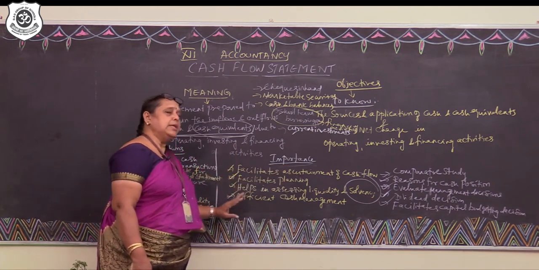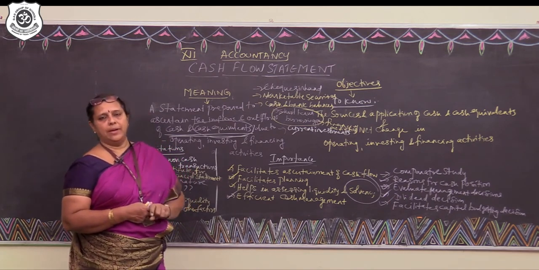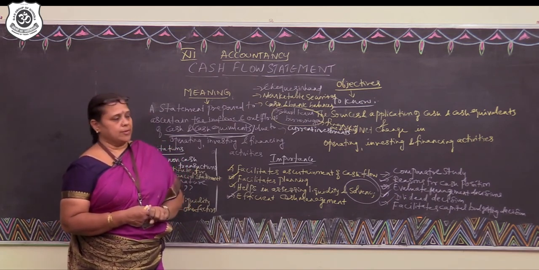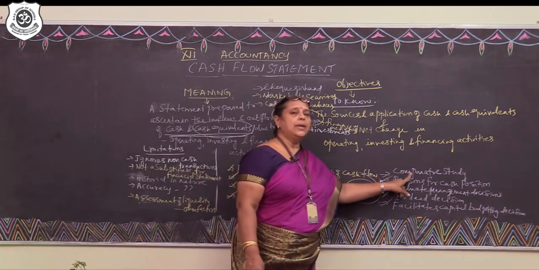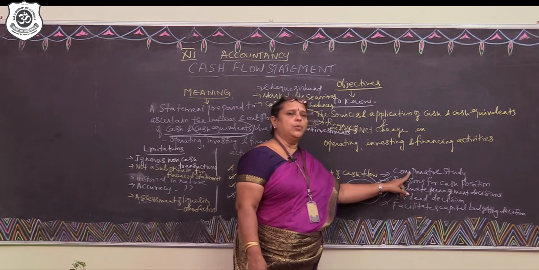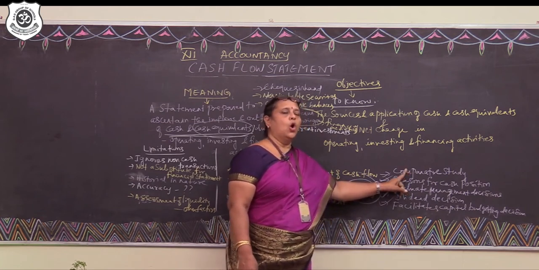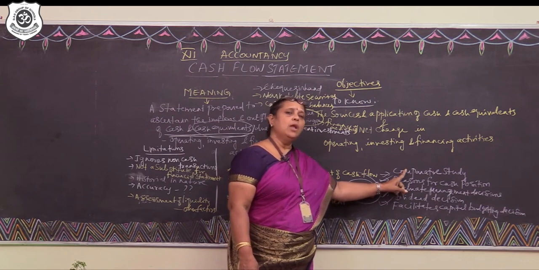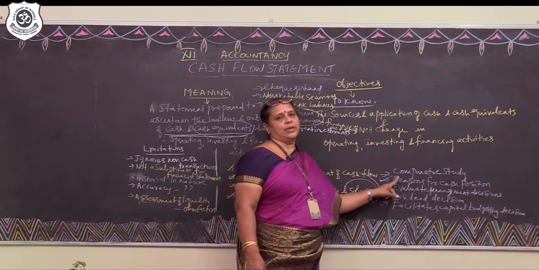Then it facilitates efficient cash management. Proper cash management can be done if there is a proper cash flow statement. Then the cash flow statement facilitates comparative study, comparing the same organization between the previous year and the current year, or between one organization and another. The next one is reasons for cash position.